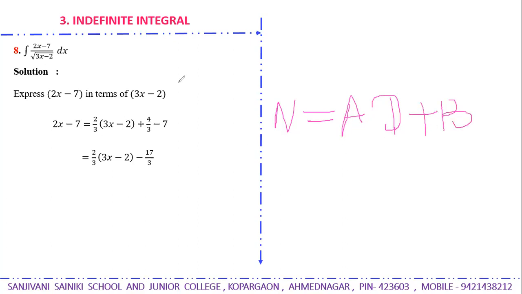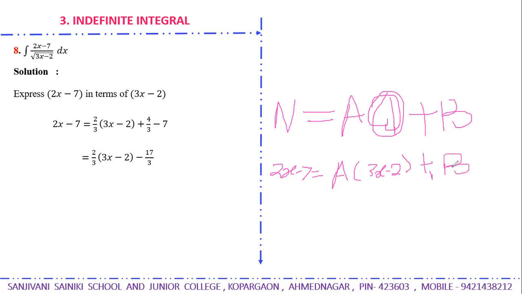If you put in the values, you will definitely get the answer. The numerator is 2x minus 7. Here a is a constant, the denominator means that linear factor, it is a times (3x minus 2) plus b.